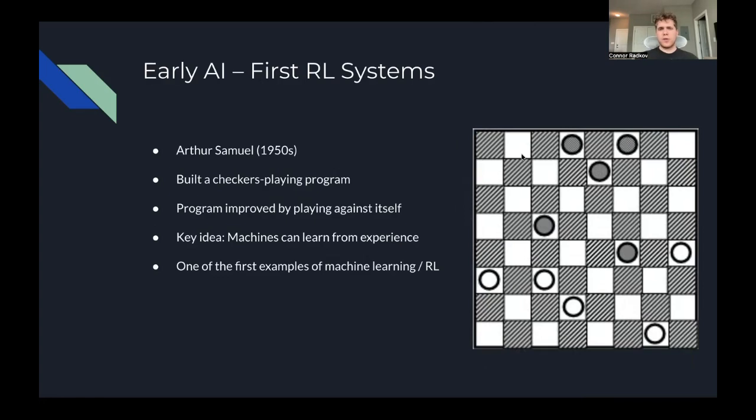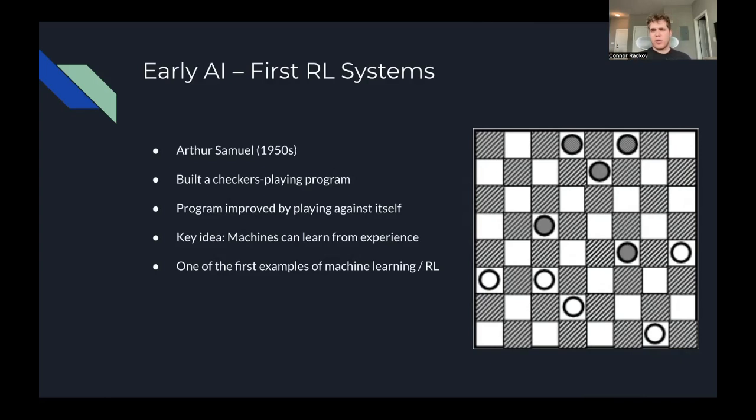So, one of the first reinforcement learning systems was actually created by Arthur Samuel in the 1950s. He built a program that would play checkers, and this reinforcement learning program improved by playing against itself. In this case, the reward would be winning a game or making a good move, and the punishment would be losing the game.